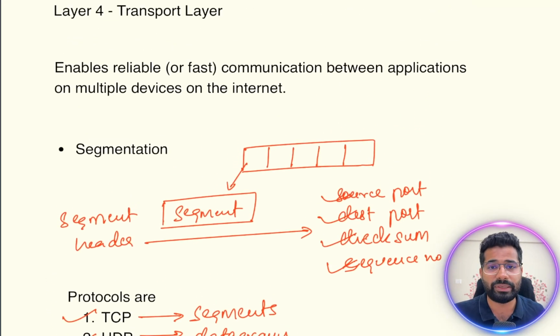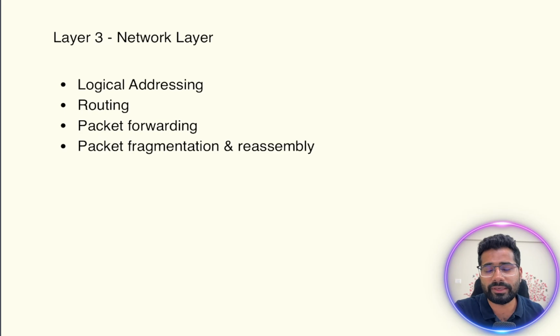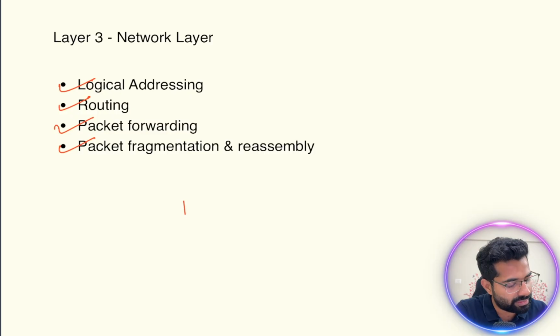Now let's jump into the network layer. In the network layer, we do logical addressing, routing of the packets, packet forwarding, and packet fragmentation. So what do we mean by each of them? Let's say the data that you got from the transport layer was in the form of segments.